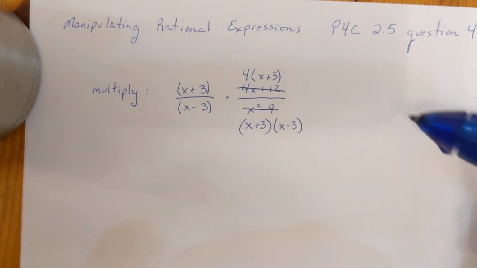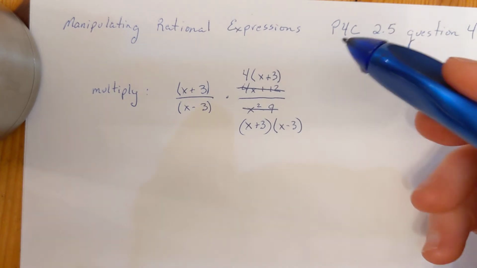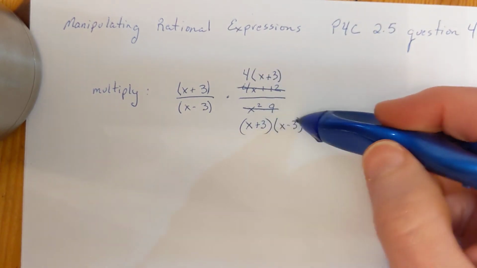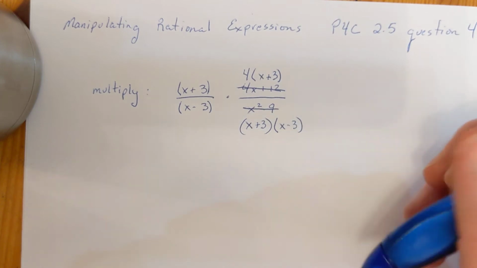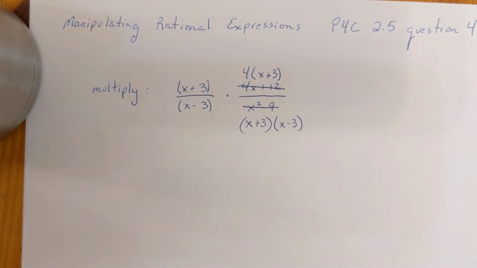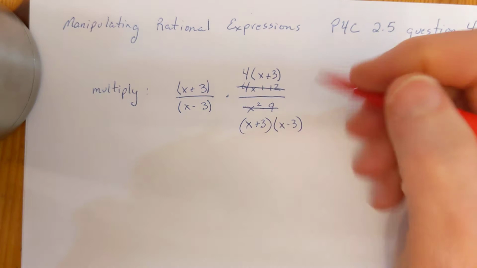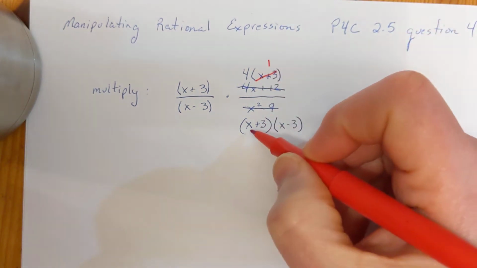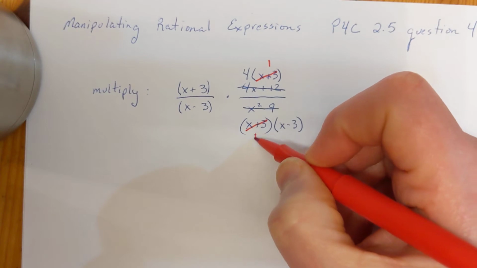So now I have 4 times x plus 3 over x plus 3, x minus 3, and I can divide out these two like factors. I can divide out x plus 3 over x plus 3.